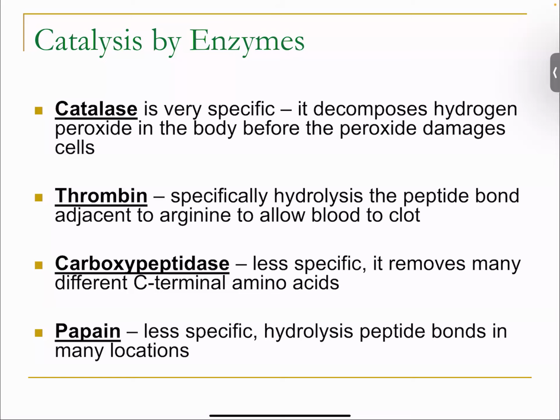Thrombin is specific. It focuses strictly on the peptide bond adjacent to arginine. So if the specific peptide doesn't have an arginine, it's not going to work on it. It only focuses on the bond adjacent to arginine. Carboxypeptidase is less specific. It tends to remove many of the C terminals. So in other words, it's going to react on the far right-hand side and just remove a C terminal.